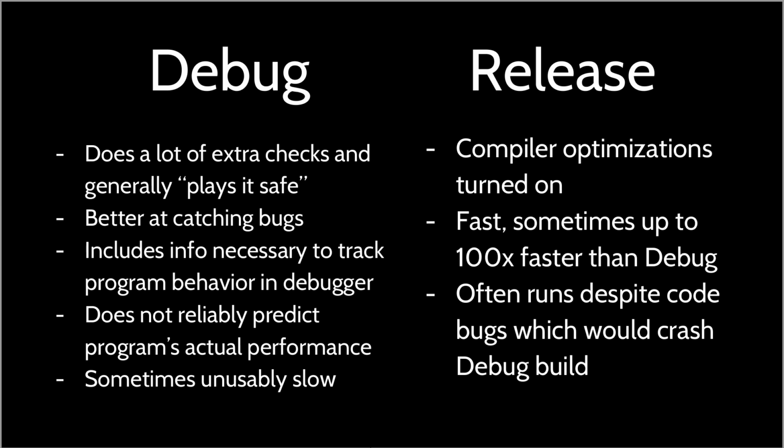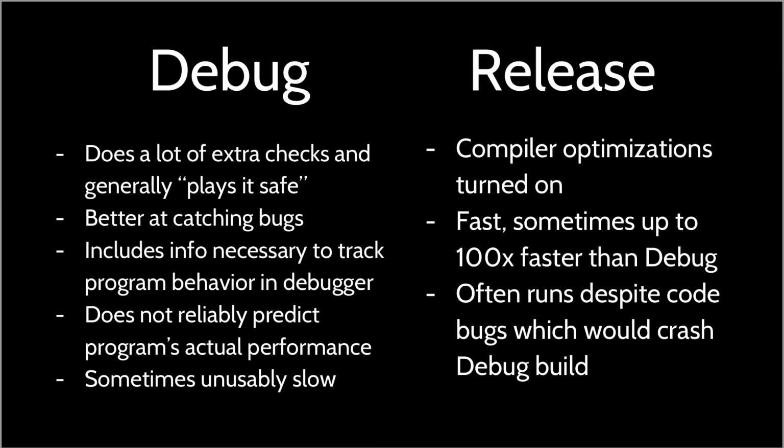And because it doesn't do any kind of safety checks that it doesn't have to do, it will often run your code even if you have bad bugs and even if a debug build built with the same code would crash. It's also possible in C++, but much more rare, that the debug build masks a bug that you have written.